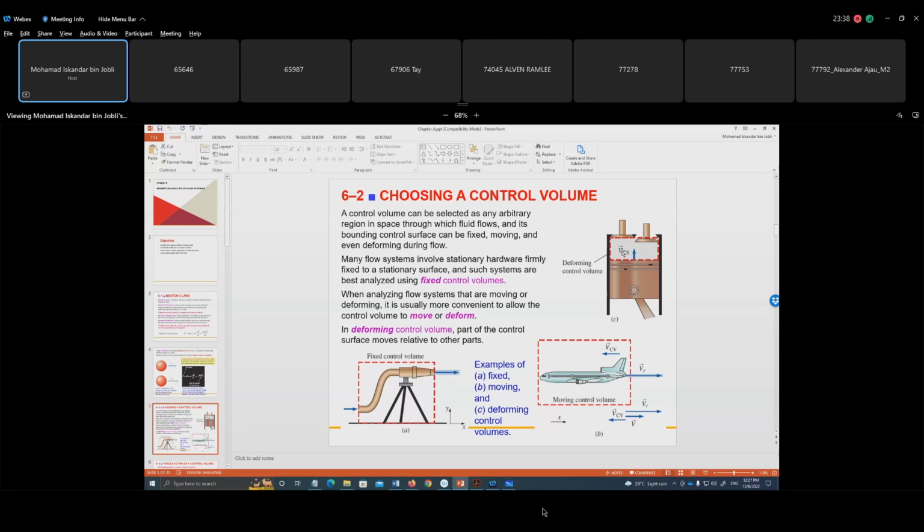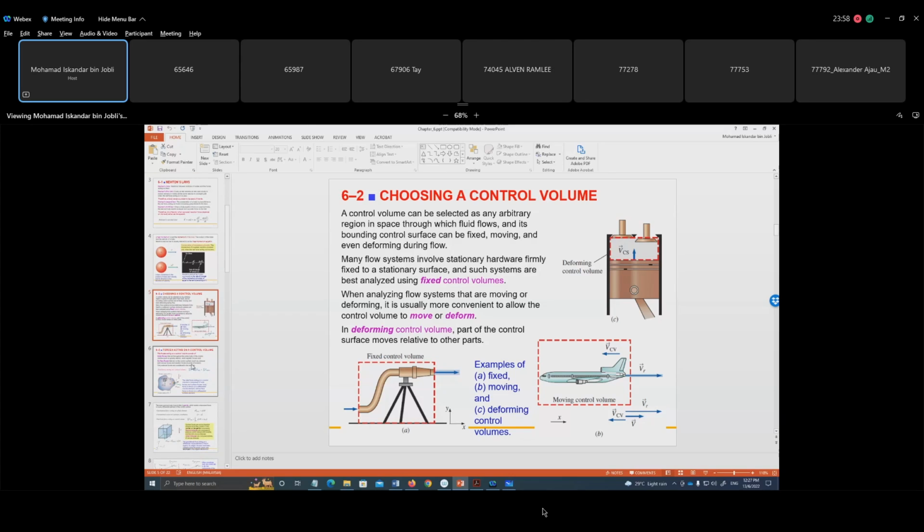That's what we call a deforming or changing control volume. This one's fixed. This one is deforming.